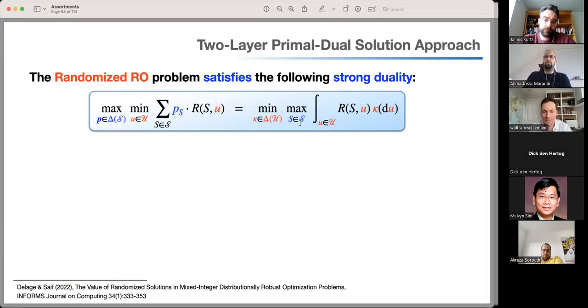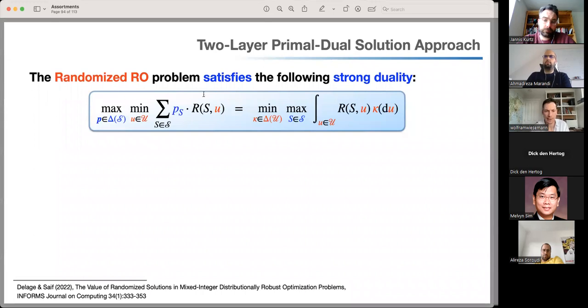And that will be an iterative primal dual solution approach. Since it's a primal dual solution method, I will first show you the strong dual to our randomized assortment optimization problem, and then I will briefly show you how the algorithm works.